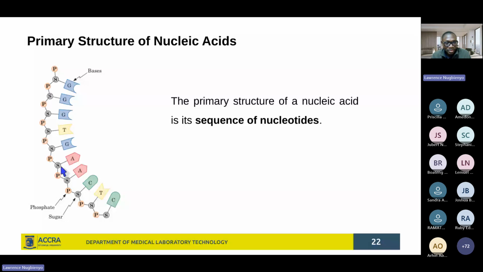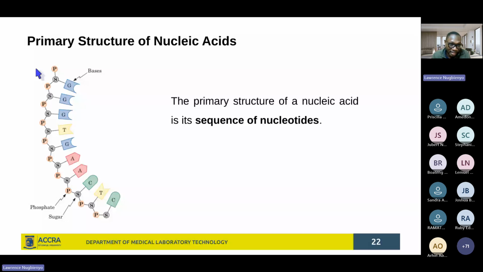And it is only the bases that are different. So the bases, we show them with different colors and even the letters of the names of the bases in them to distinguish these bases. As a matter of fact, it is the bases that you use to distinguish between nucleotides.